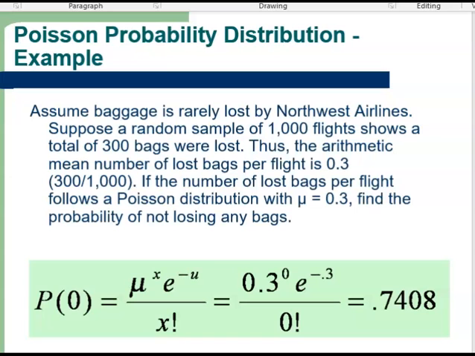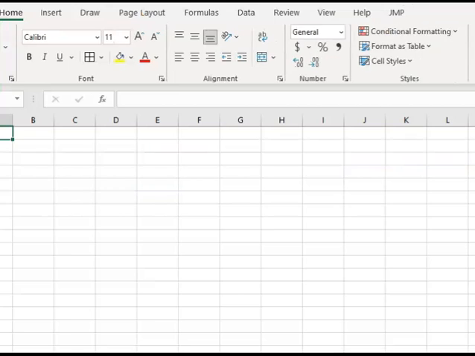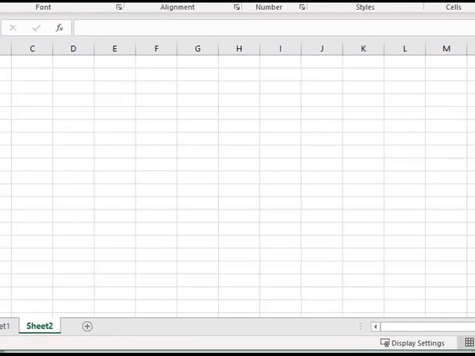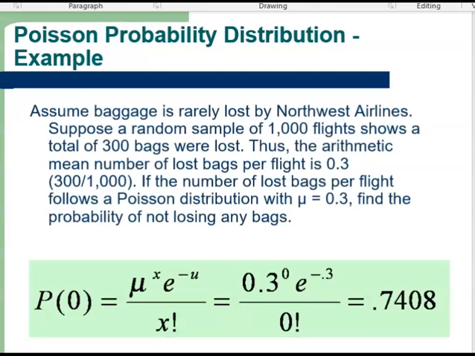Okay, let me open my Microsoft Excel and bring it in. And let me check my numbers one more time. So 0 and 0.3. And the answer has to be 0.7408.